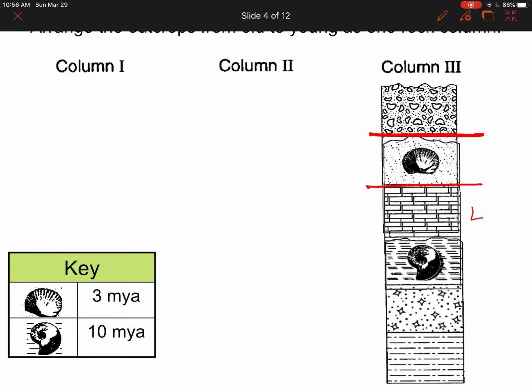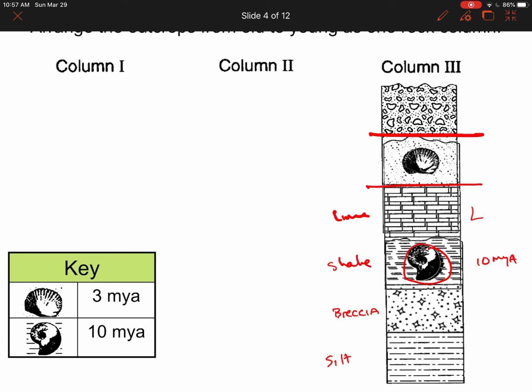So this can actually go in your do now worksheet. You had two questions for a do now that are different from the ones that we just did, and then you had the geologic rock column activity. That's this. In that you would write that this is siltstone, that this is breccia, that this is shale, and it has this fossil in it, which is the 10 million year old one.